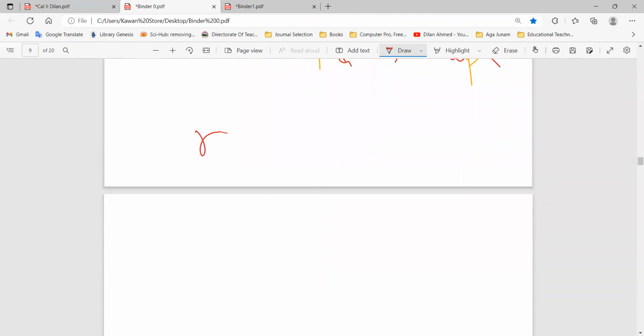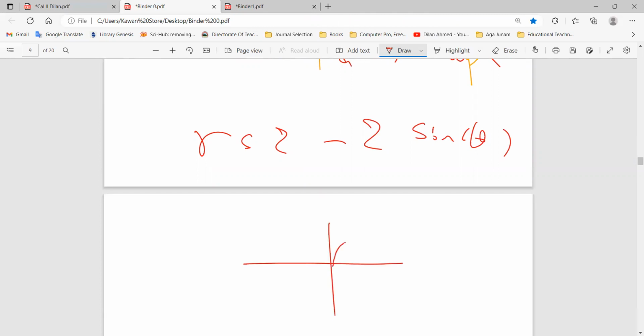How about the graph of this one? Here's 2 with something. Here's 4 with something. So tell me that something. Just the angle. Yes. Let me put 0.